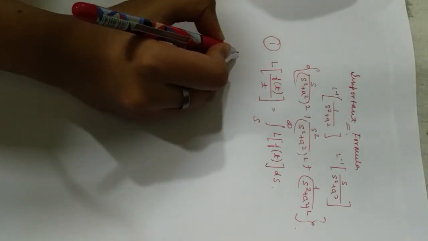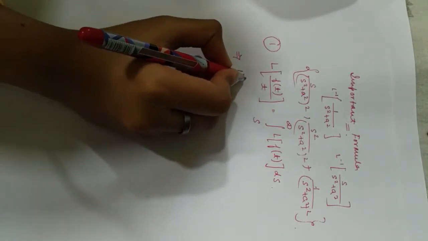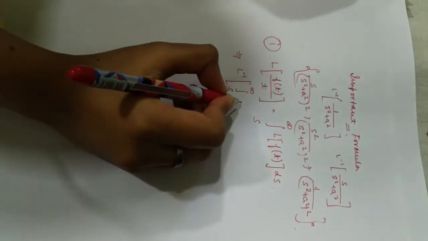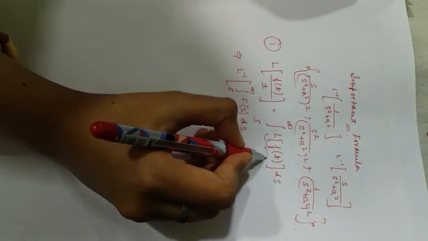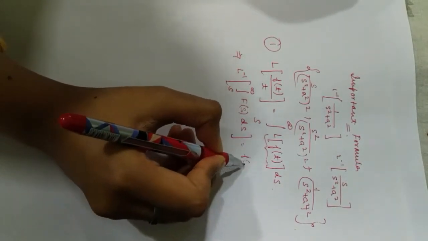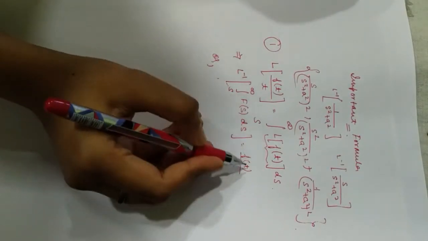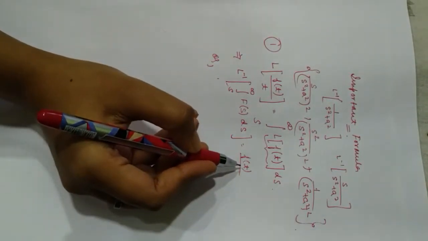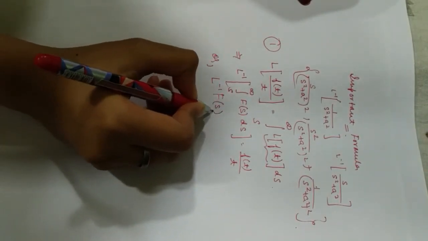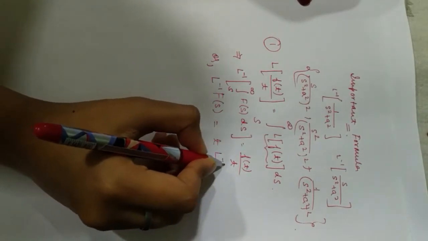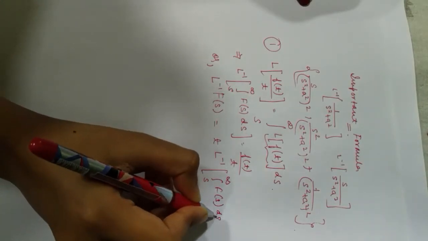So if we invert this, it immediately gives us inverse Laplace transform of the integral from s to infinity of F(s) ds, where F(s) is Laplace transform of f(t), is equal to f(t) by t. This f(t) is nothing but the inverse Laplace of F(s). Therefore inverse Laplace of F(s) is equal to t times inverse Laplace of the integral from s to infinity of F(s) ds.